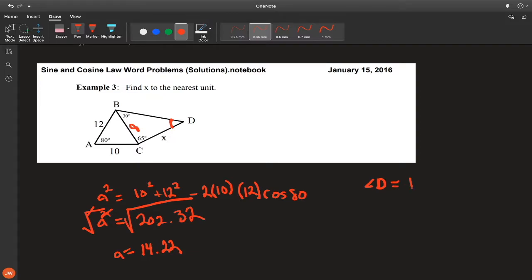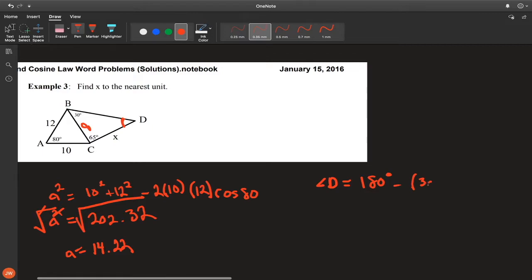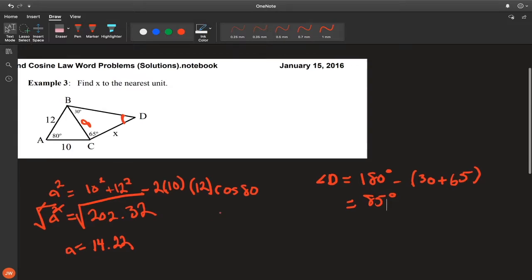So angle D equals 180 degrees minus the sum of 30 degrees plus 65. 180 minus 30 and minus 65 is 85. So angle D is 85 degrees.